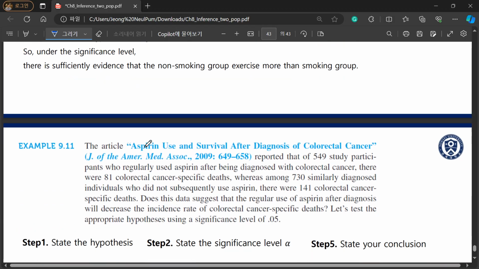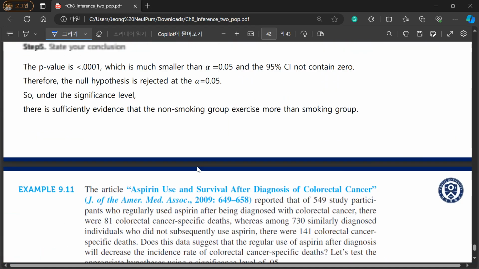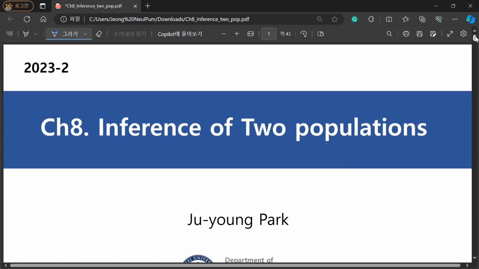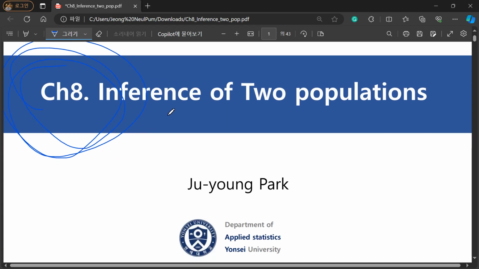So that's it. This is the end of the class, and chapter 8, as I already said, is the most important, most complicated and most difficult chapter of all the chapters.